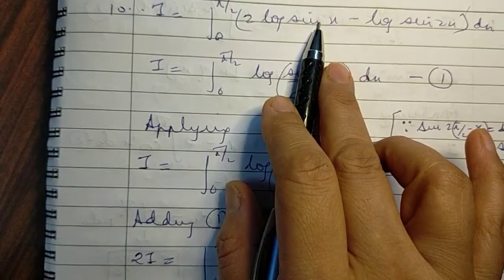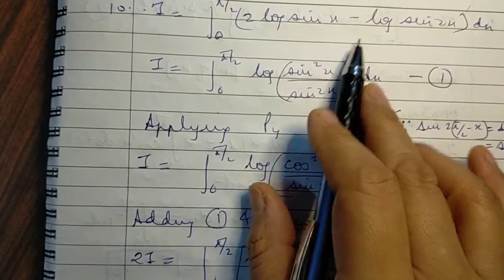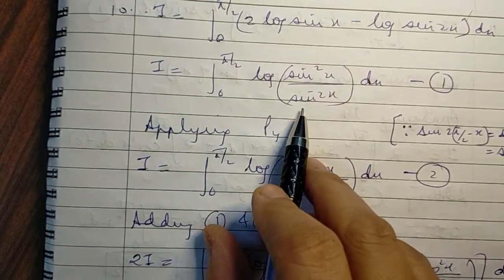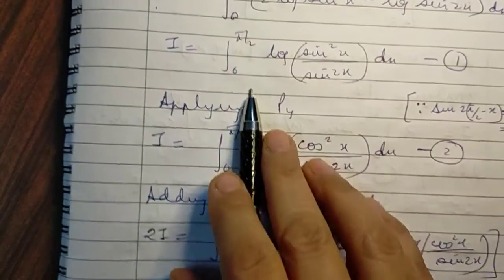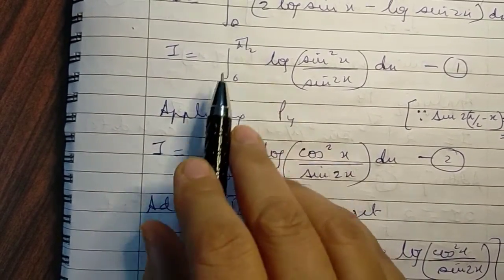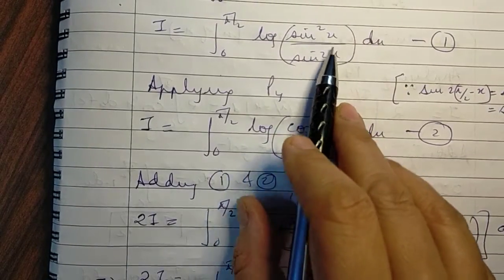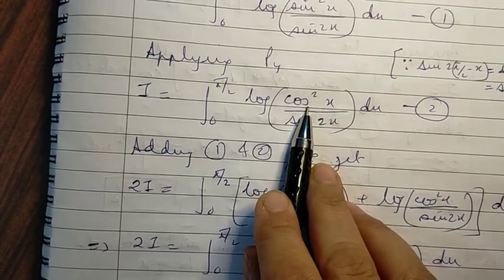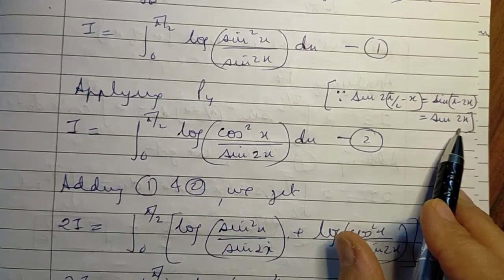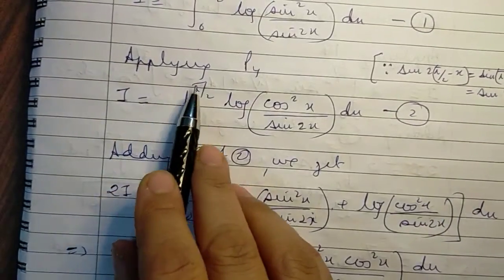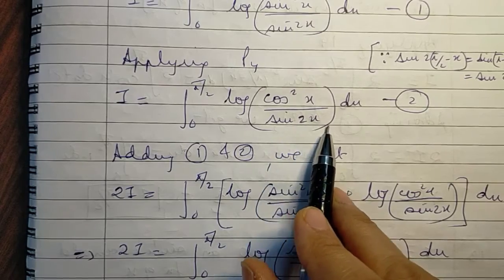It becomes log sin squared x minus log of sin 2x, which on using the property of difference of two log functions, we get log of sin squared x upon sin 2x.